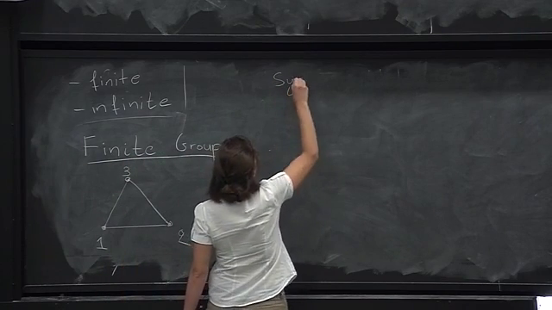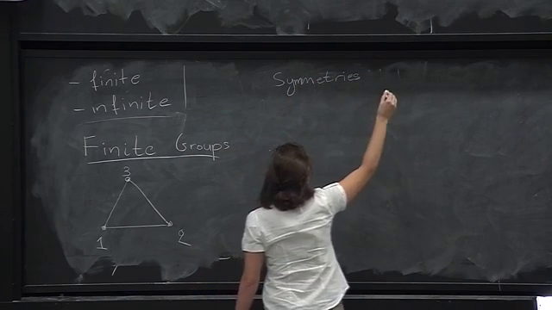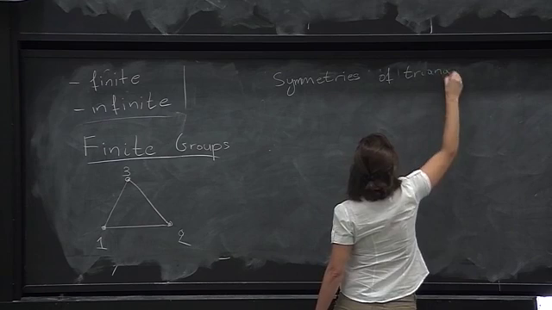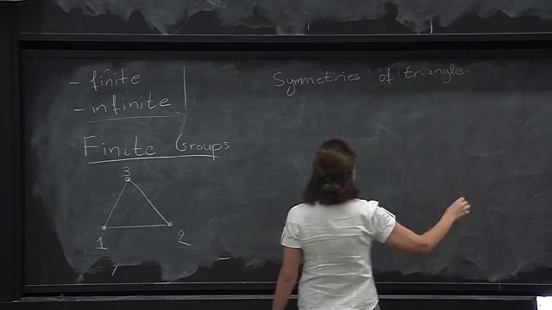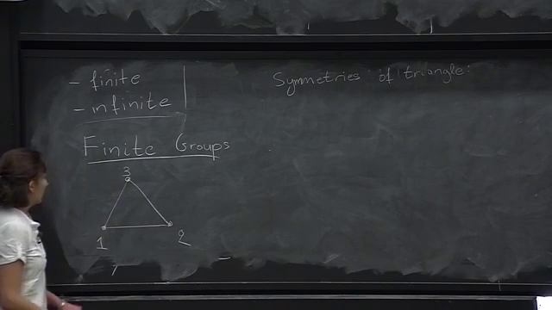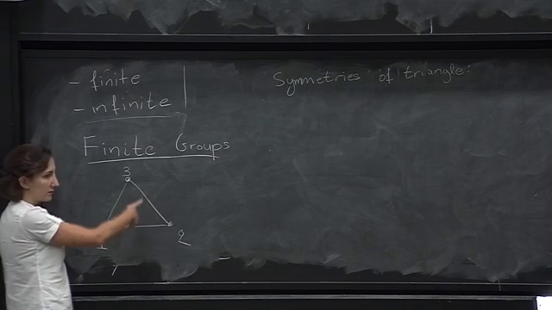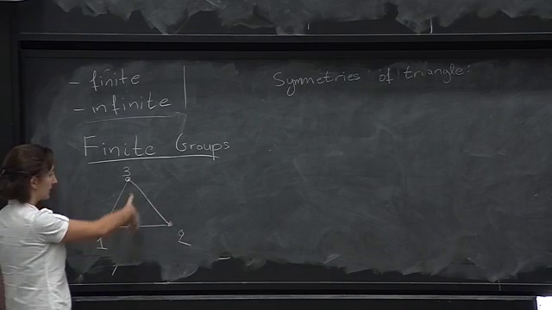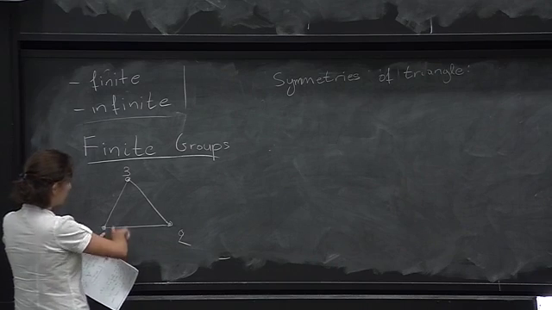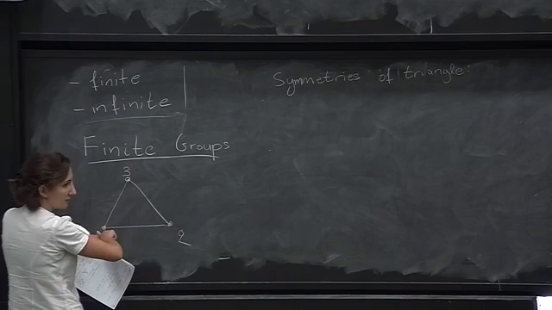What are the symmetries of this triangle? If I allow myself to only do rotations on this plane, but stay on the plane, what I can do is I can move vertex number 1 to vertex number 2, vertex number 2 to 3, and 3 to 1.